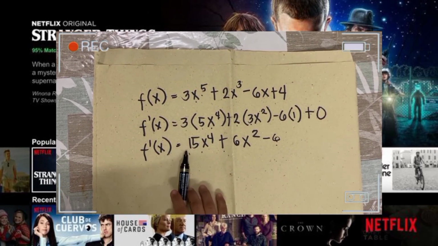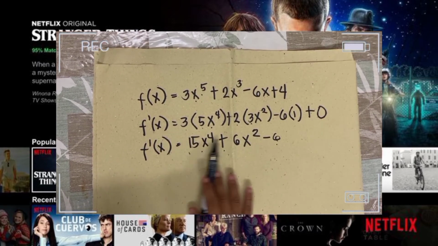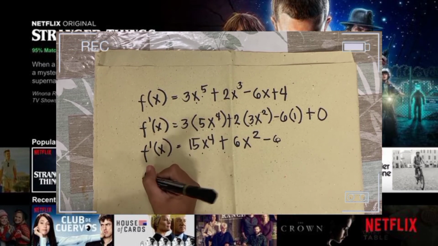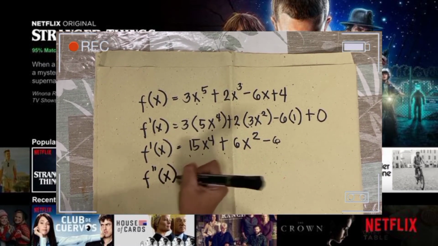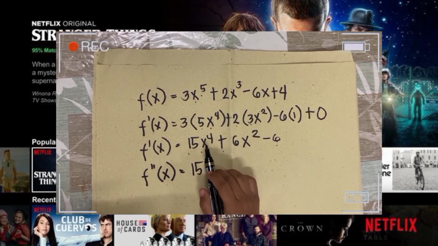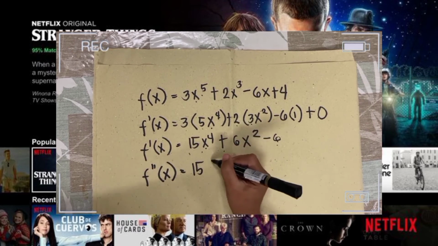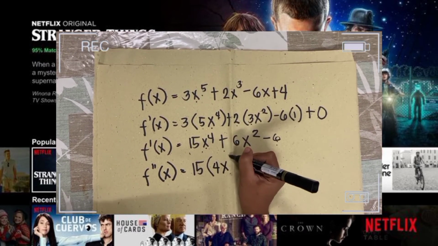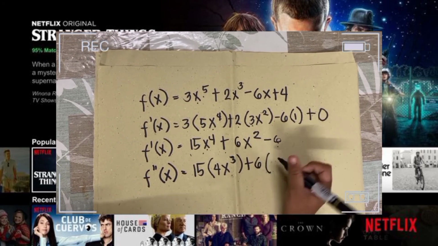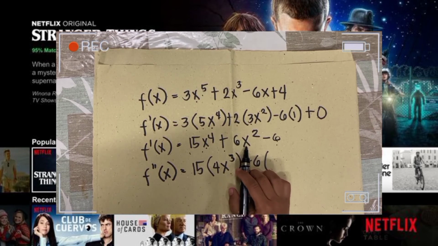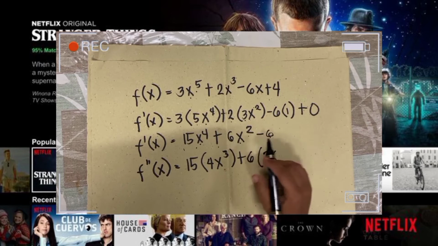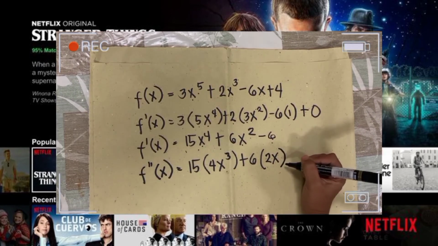Now, we need to differentiate this expression one more time to get the second derivative. So, the derivative of x to the power of 4 is 4x cubed, plus the derivative of x squared is 2x, and the derivative of a constant is 0.